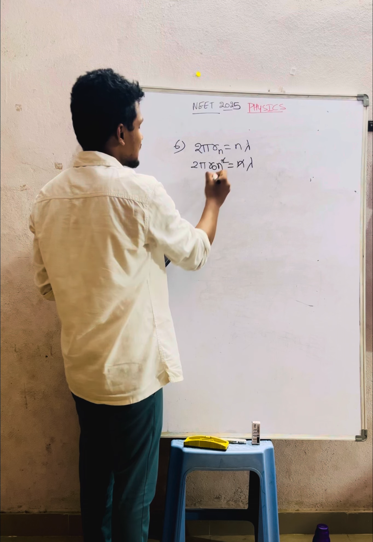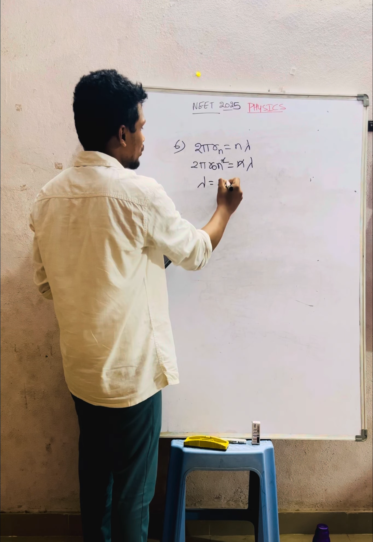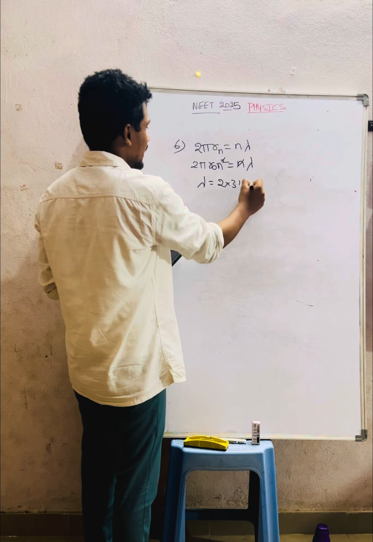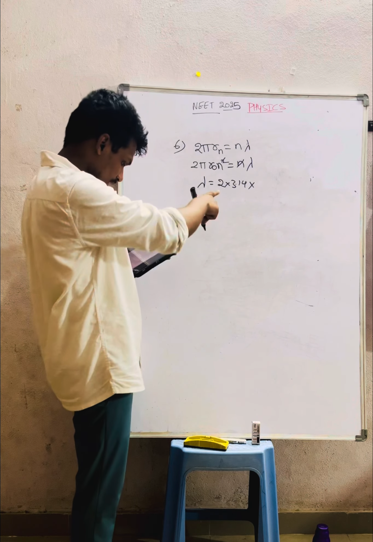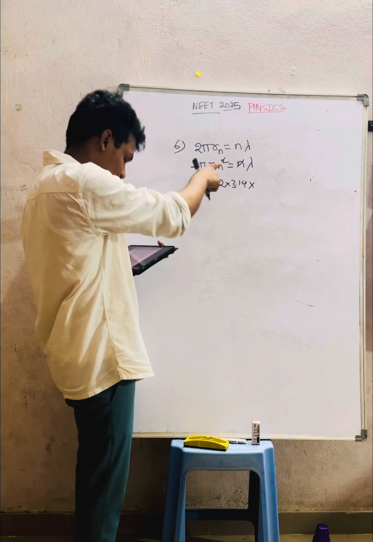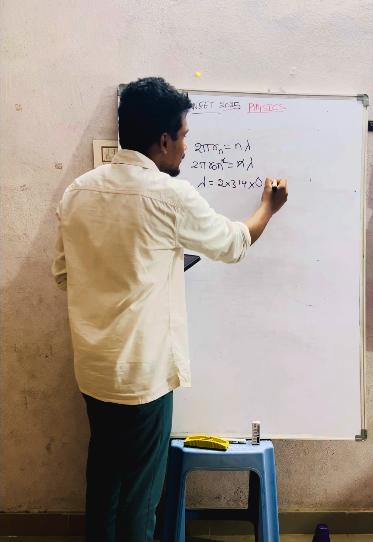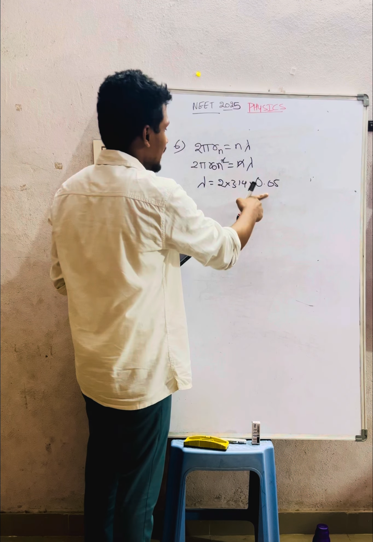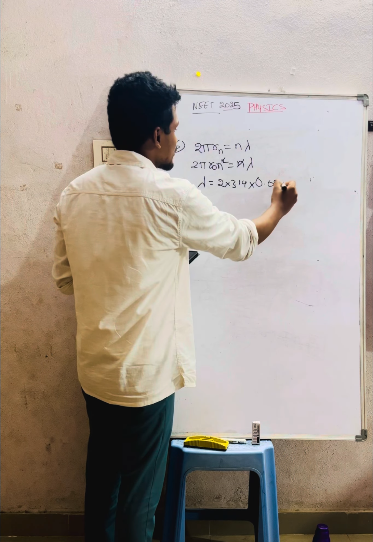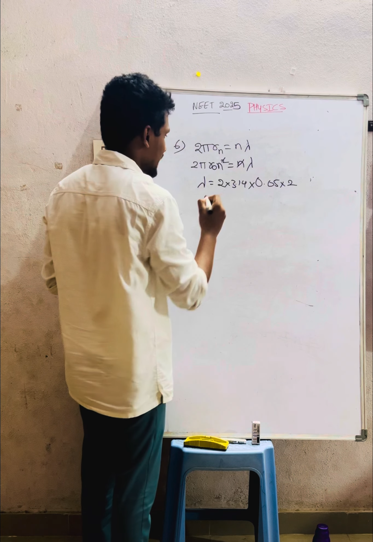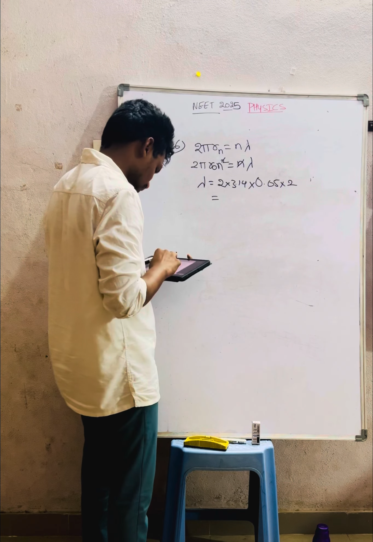Now one n gets cancelled, so lambda should be 2 times pi, which is 3.14, and they have already given the value of r naught as 0.052 nanometer, and we have n equals 2. Let's plug in all these values and figure out the answer.